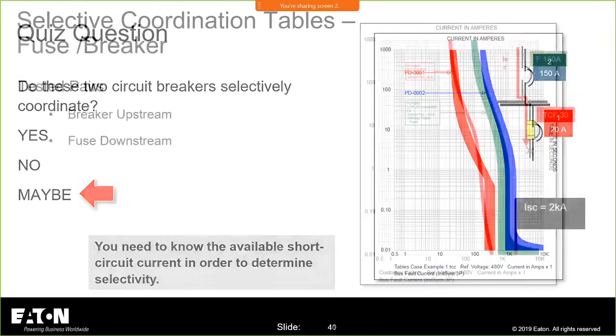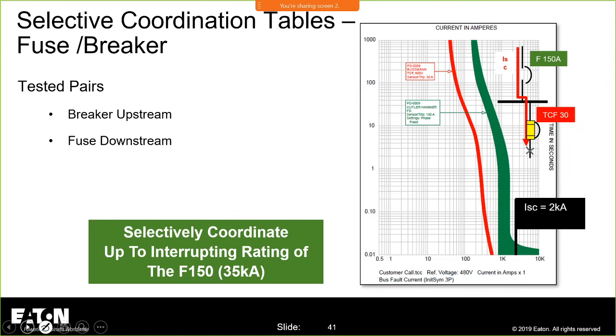Another solution is to say, look, I'm going to apply a fuse downstream. I've always pictured fuses in my mind as a device I put in my service entrance equipment because I've got 200-some thousand amps. I never really realized the importance of putting the fuse downstream closer to the load until you get into this discussion of selective coordination, because when I put a fuse downstream, I get a very fast acting device, which means I clear that fault.